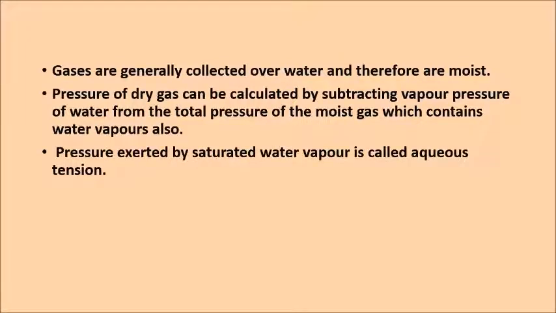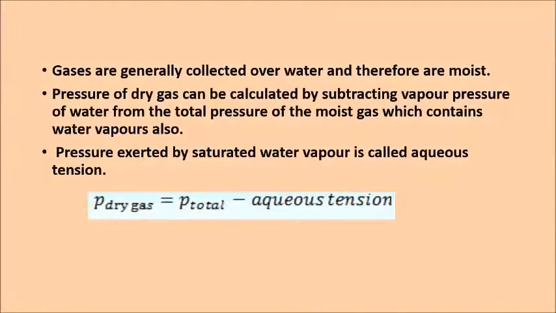The pressure exerted by saturated water vapor is called aqueous tension. Now, the dry gas pressure we can calculate as P total minus the aqueous tension.